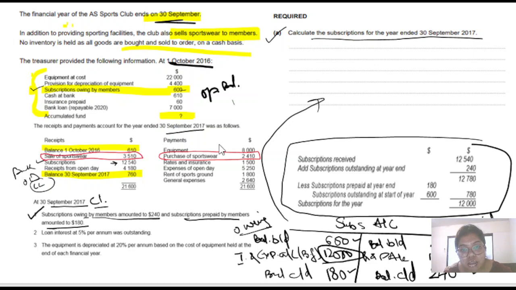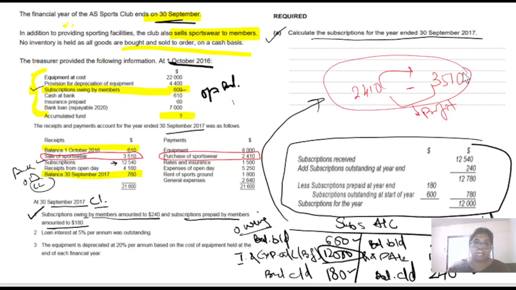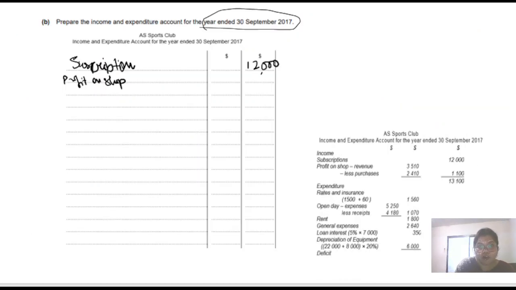So it means if you purchased sportswear for 2410 and you sold it for 3,510, it means you're having a profit. After deducting this, whatever amount you're having, that's your profit.